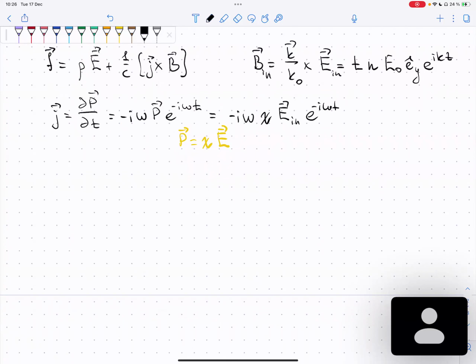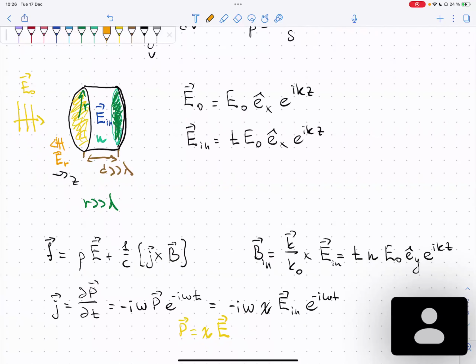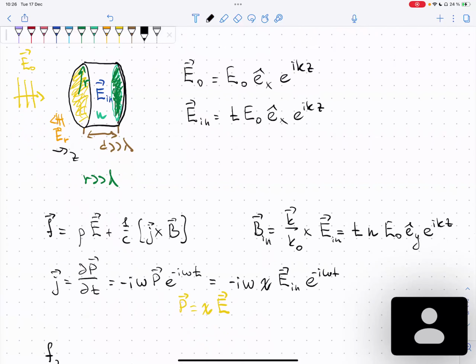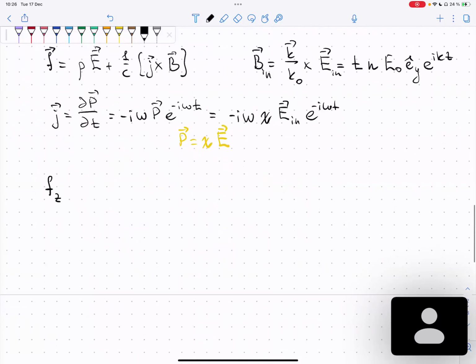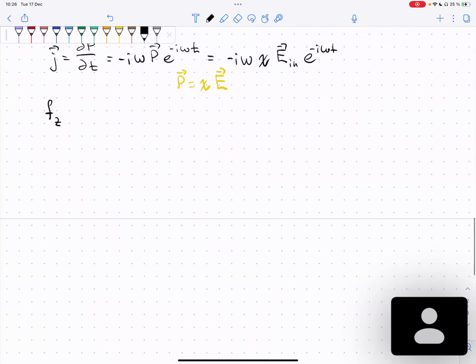I'm doing the following thing here. We are interested in the Z component of the optical force. And if you look closely at this part, it has only X component, because the electric field has only X component.